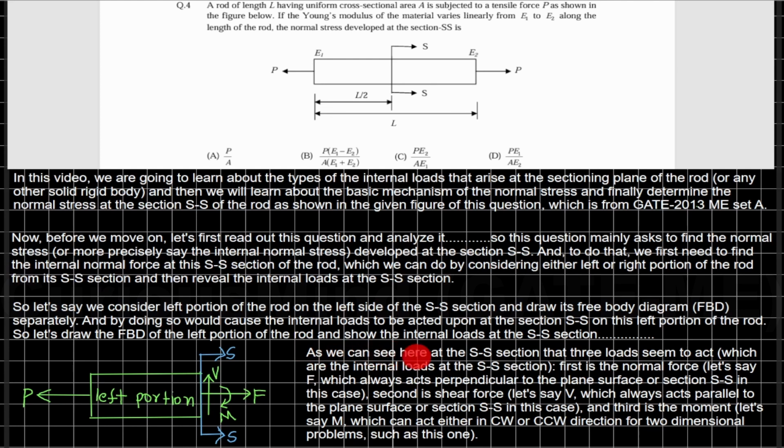As we can see here at the SS section that three loads seem to act, which are the internal loads at the SS section.